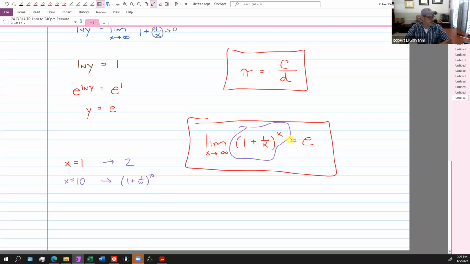Isn't that what I would get? I'm going to get on my calculator and do 1 plus 1 over 10, and then raise that to the 10th power. And the number I get as an answer is 2.59374.